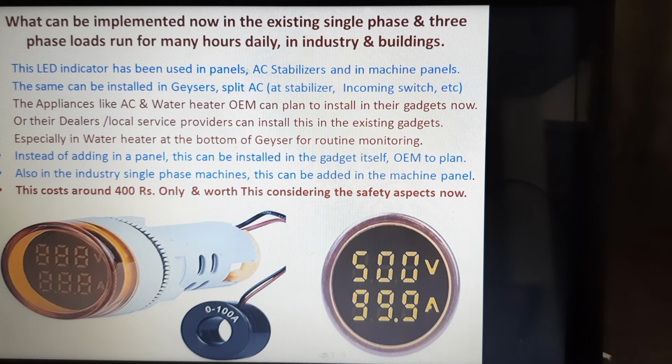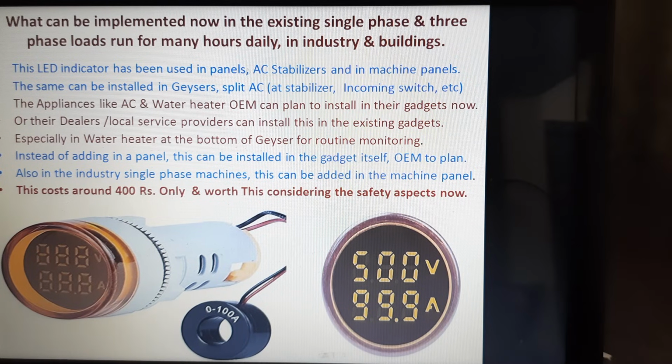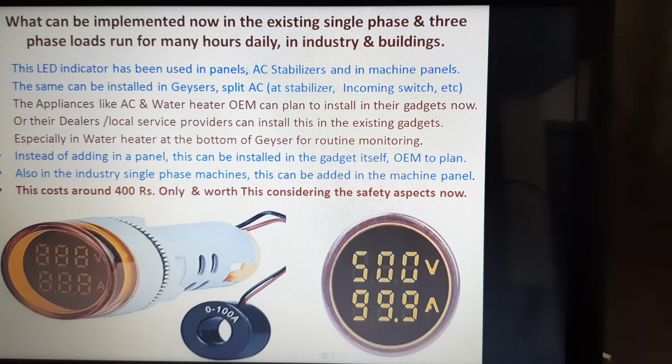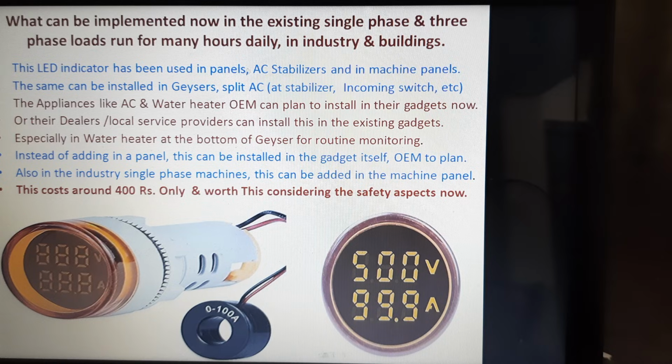You can see the LED indicator; in this image what is shown here is a voltmeter in a button type, and an ammeter of 0 to 100 amps with current transducer. This has been used in many of the panels, machine control panels, and many panel builders are already using it, and it is familiar to all the energy users.